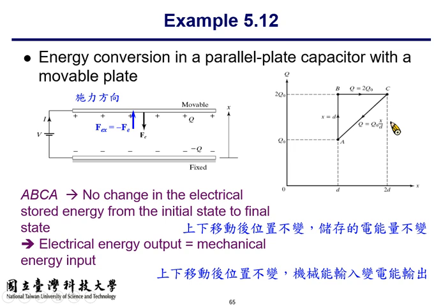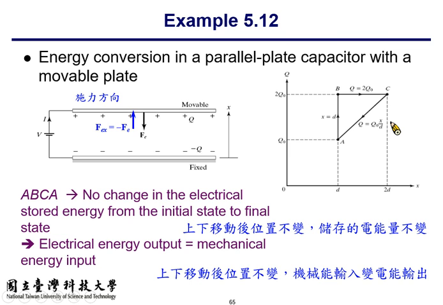It's moving clockwise from A to B, B to C, C to A. In the first section, moving from A to B, the distance between the two plates remains a constant d. However, the total charge is increased from Q sub 0 to 2 times Q sub 0.